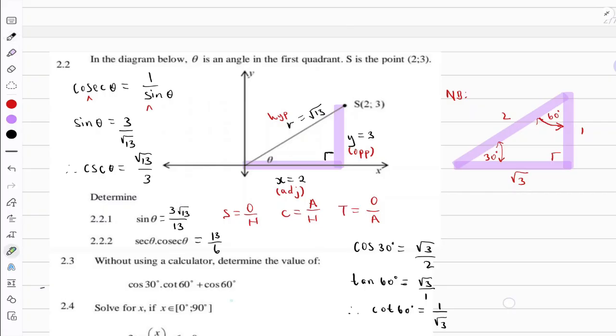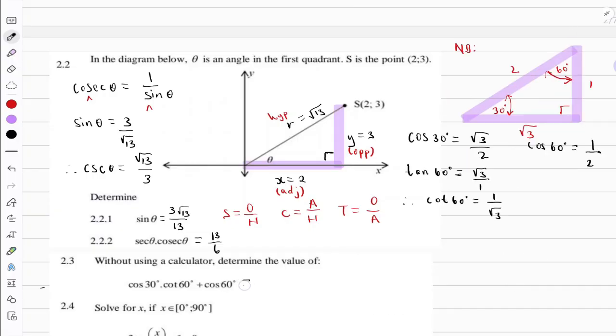And finally, we need to find cos 60 degrees. So cos 60 degrees is equal to the adjacent, which is 1, over the hypotenuse, 2. So now we can put these all together to evaluate that expression.